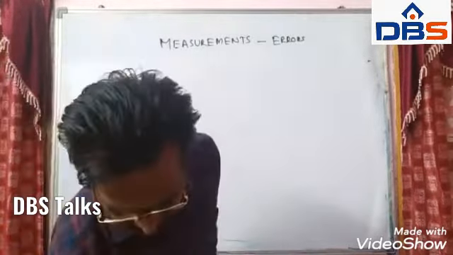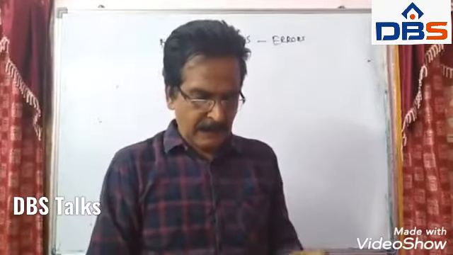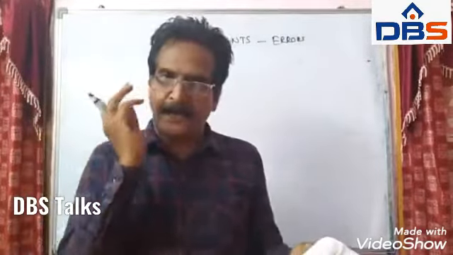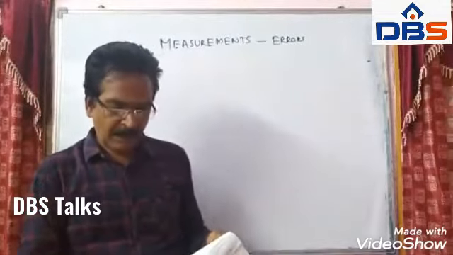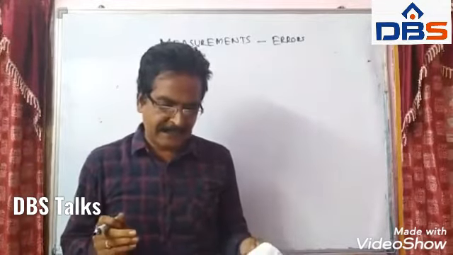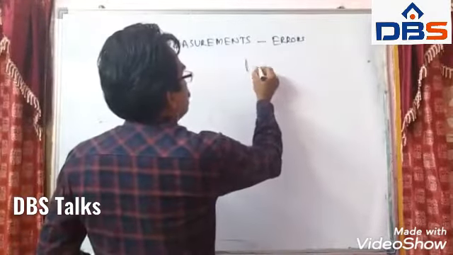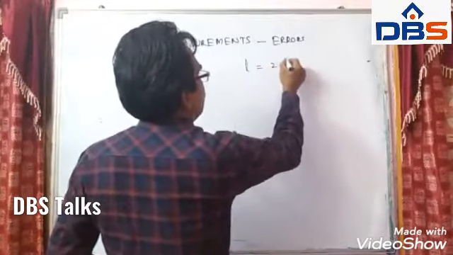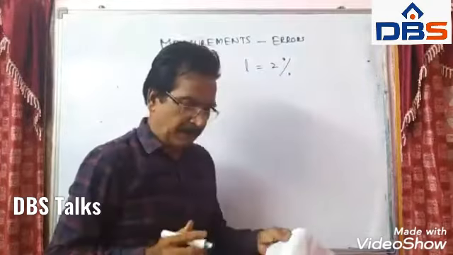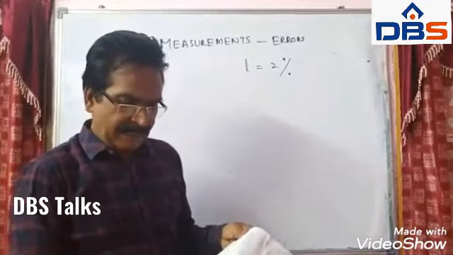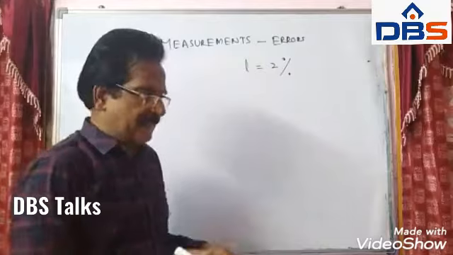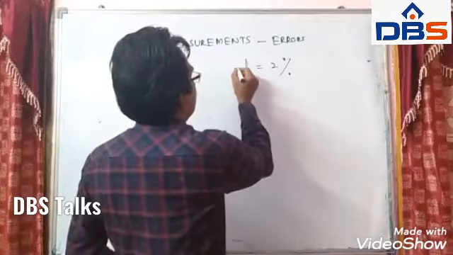See friends, in a simple pendulum experiment, the maximum percentage error in the measurement of length is 2% and in the observation of the time period is 3%.